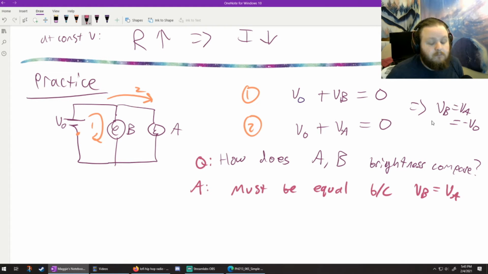And we know that from doing our loop laws. That's really nice. We didn't need to know anything about resistance or current. All we used here was the loop law and what has to be true about systems of equations. Since V0 is the same and 0 is the same in both of those equations, VB and VA must be the same number for that to work in both cases.